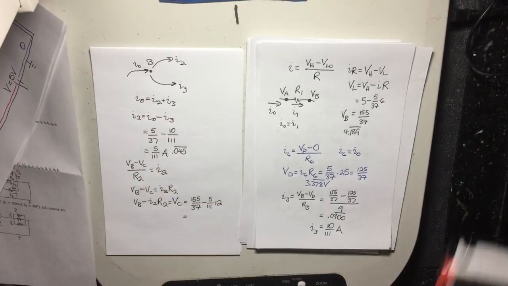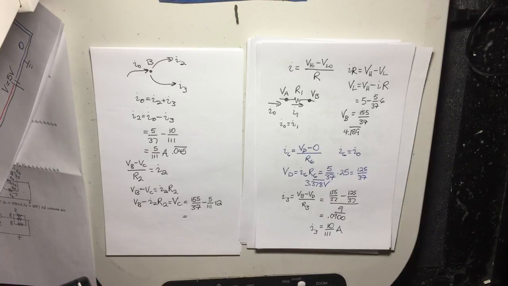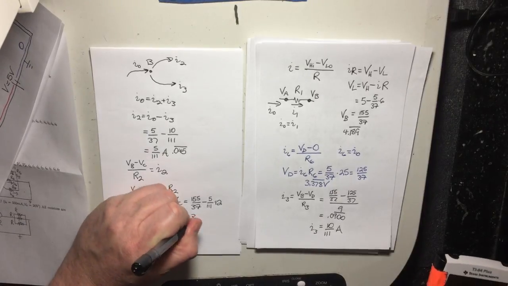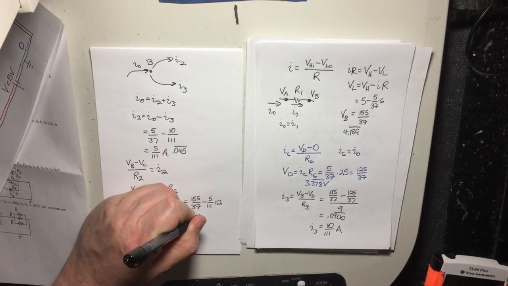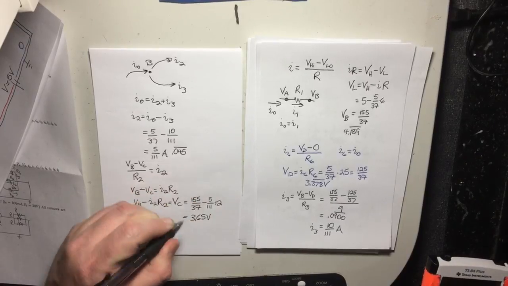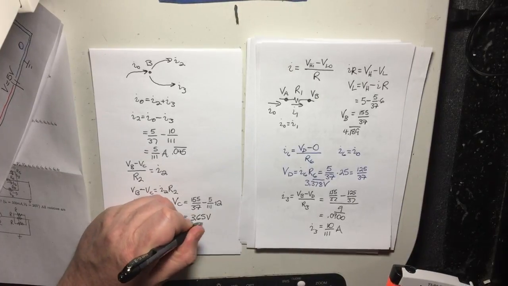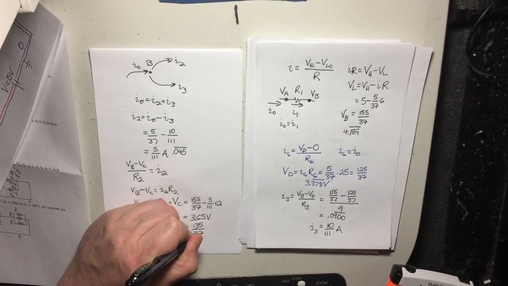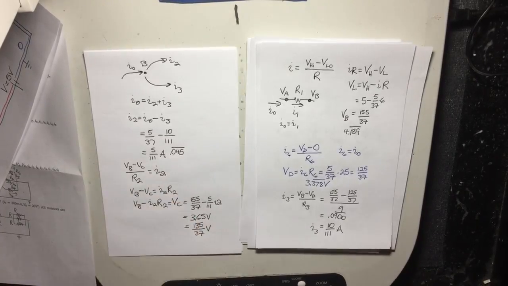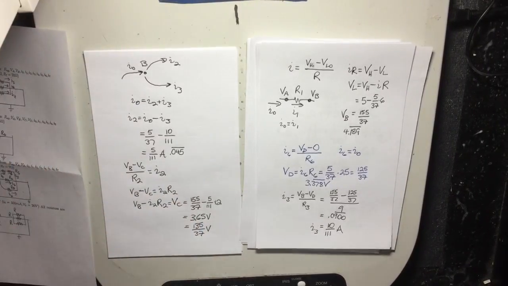So VC is 3.65 volts, or 135 over 37 volts. And that is now VC.